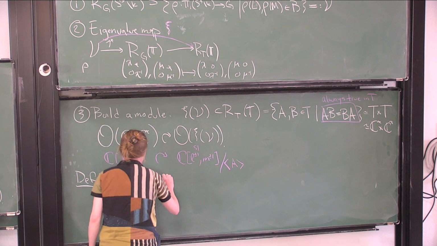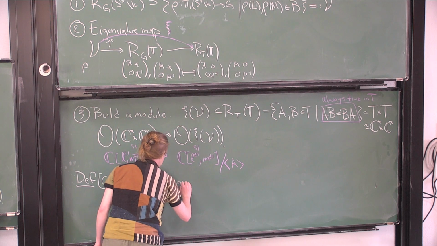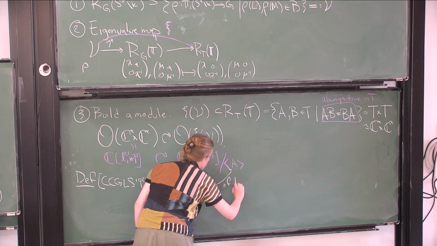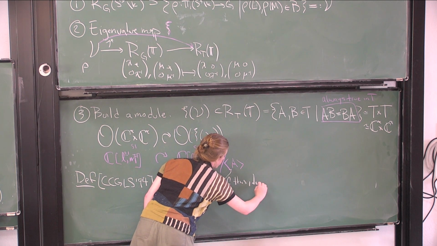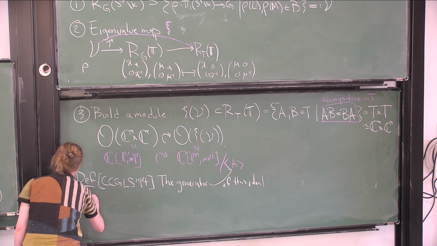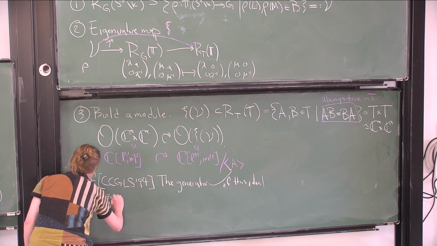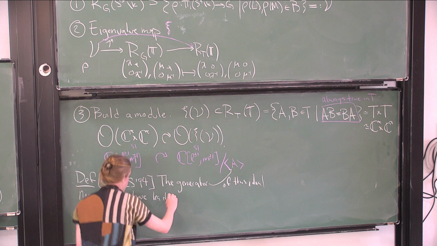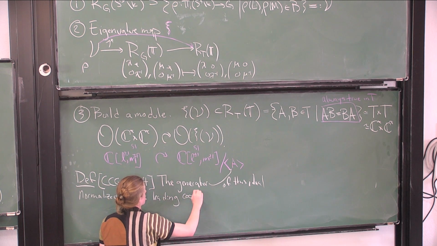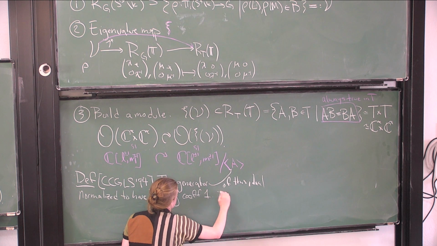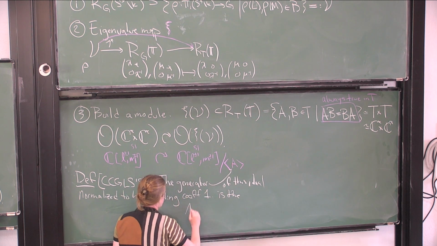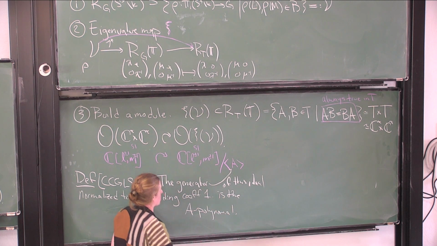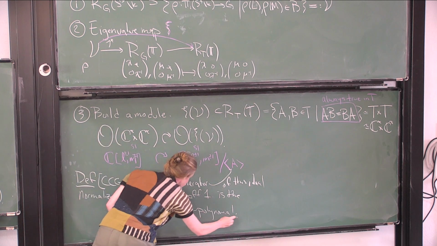The definition is: the generator of this ideal, normalized to have leading coefficient 1, is the A-polynomial. Cool. So that's my definition.